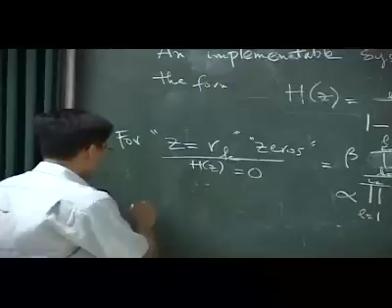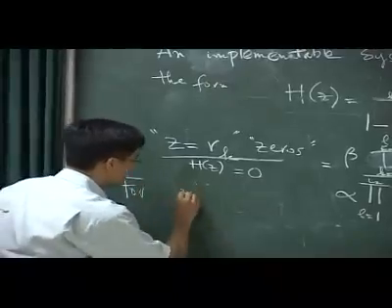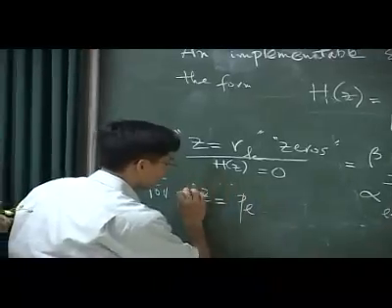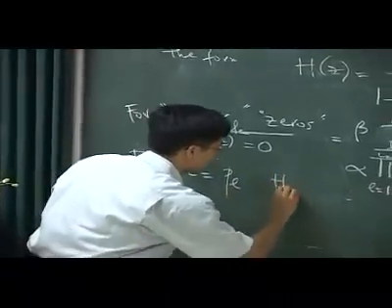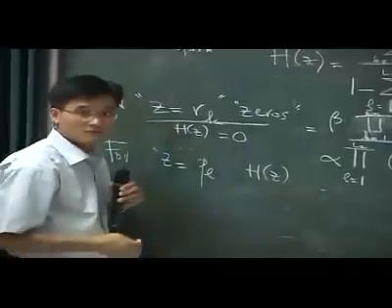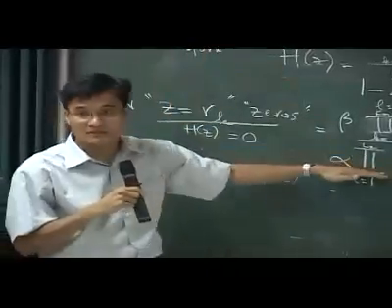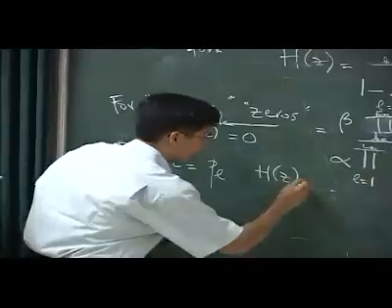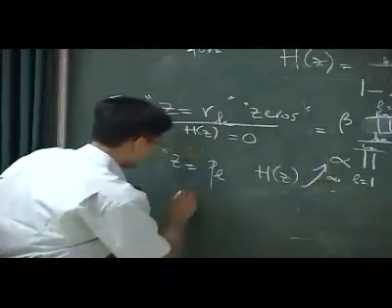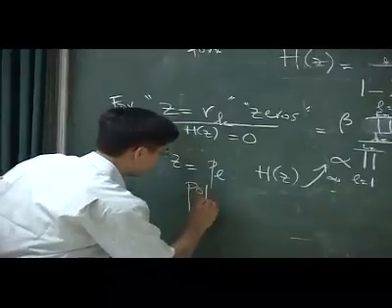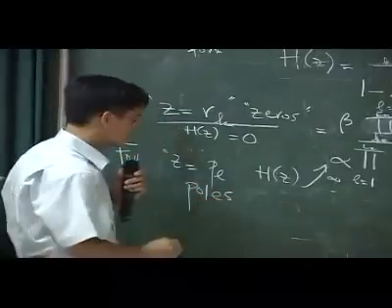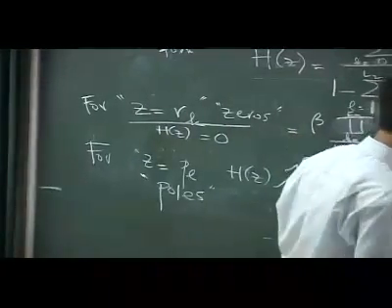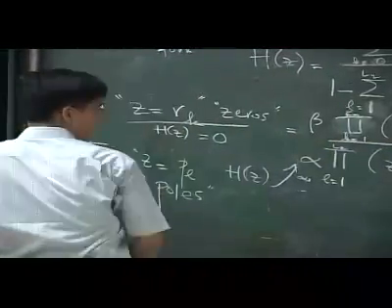That's called the zero. For Z equal to one of these P_L, what would S of Z be? I divide something by 0, so it goes to infinity. That's called the pole. The poles and the zeros. So the poles are the zeros of the denominator.